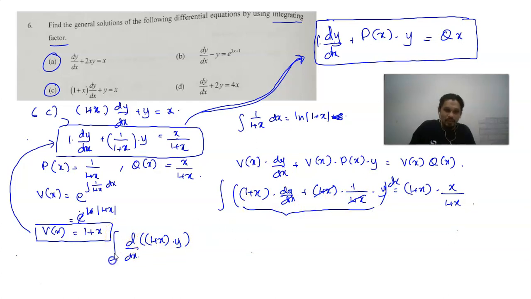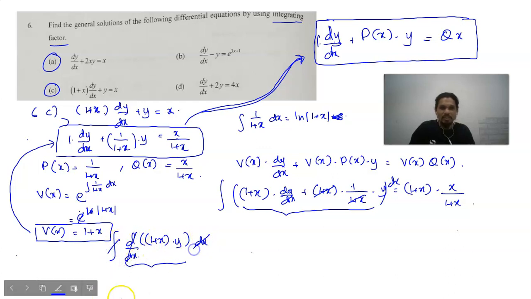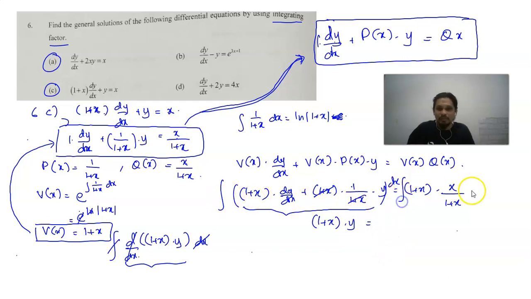So if we integrate the whole thing, the derivative and the integral cancel each other. Finally, it gives you (1 plus x) multiplied with y. So we integrate the left and the right side now.